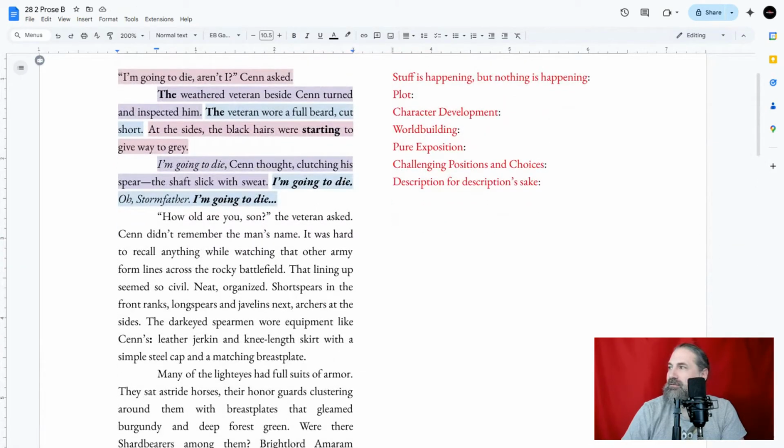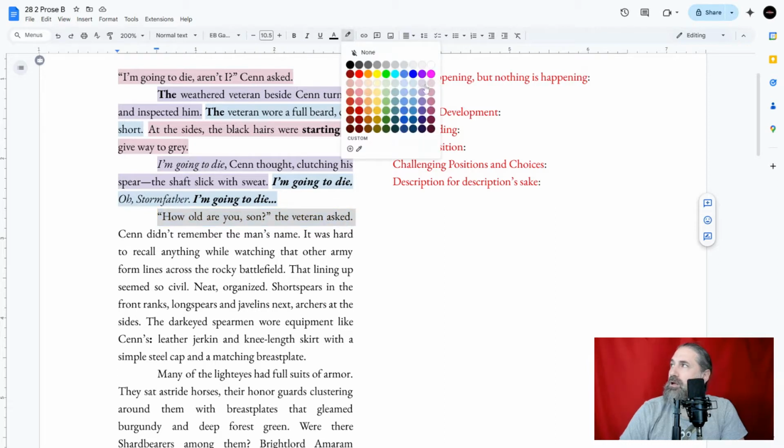Don't listen to people. You write what you need to write. But the thing you have to make sure is happening is that you're moving things along with plot, character, and world building through the POV of a character's emotional experience. And you have to develop characters through positions and then challenging those positions. All right, let's keep it going.